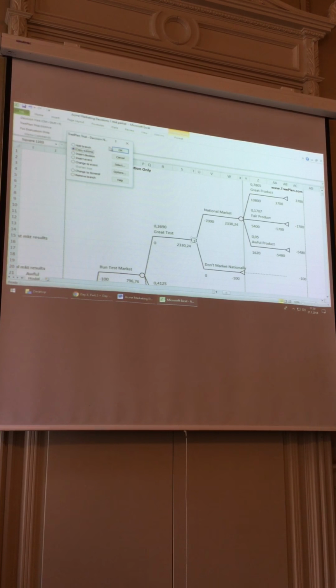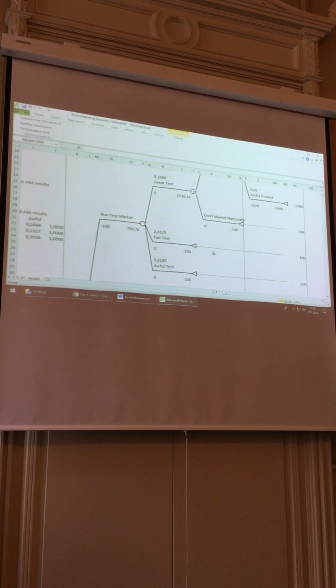I'm going to copy this whole subtree and paste it down on top of this leaf right here, because we basically have the same decision path. Let's give it a try. So decision tree, paste subtree, go.